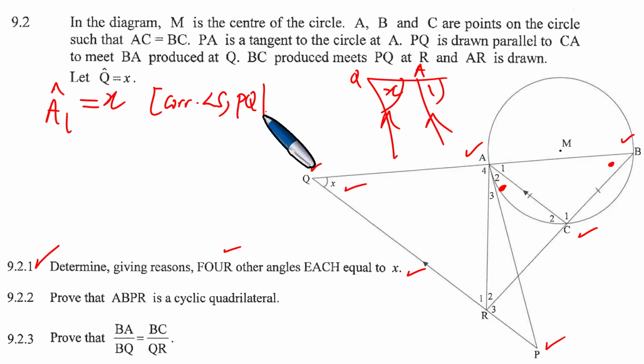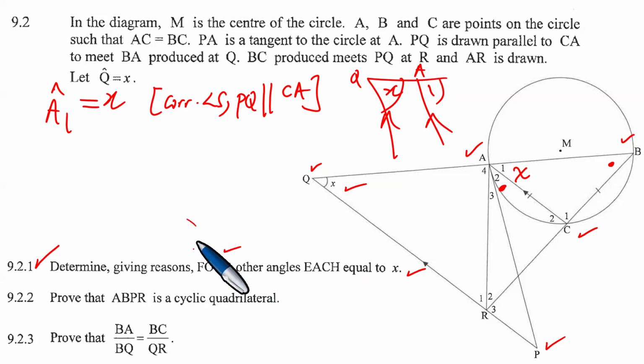Because PQ is parallel to CA, and because of the F here, an angle here is equal to an angle there. So this one is also X, as much as Q is X. What other angles? We need 3 more, because there must be 4 other angles each equal to X.